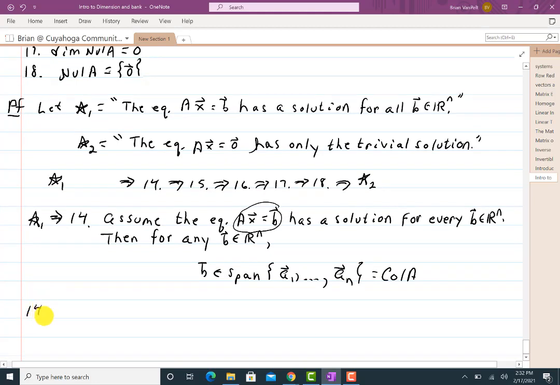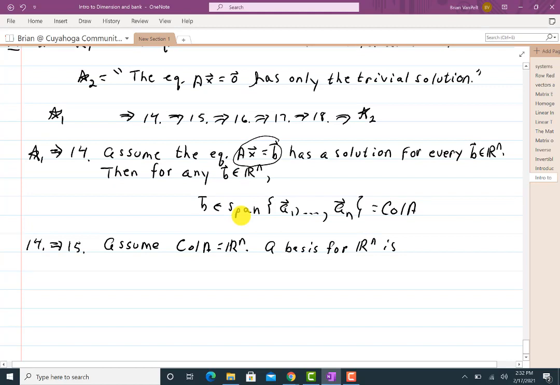Now let's go 14 to 15. This time we're going to assume Col A equals Rn. A basis for Rn is E1 up to En, and we know those E's by now.